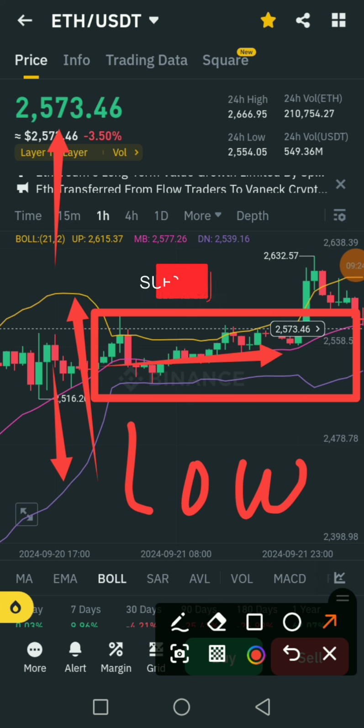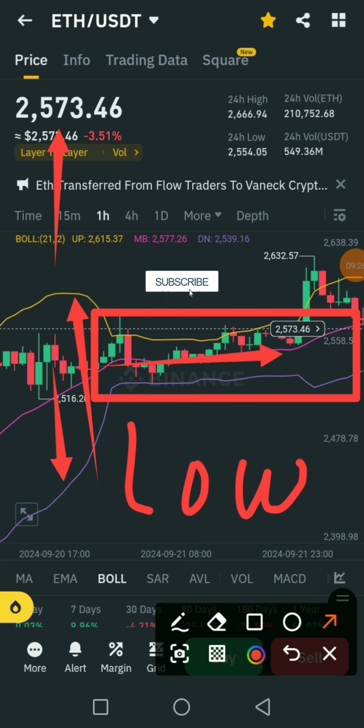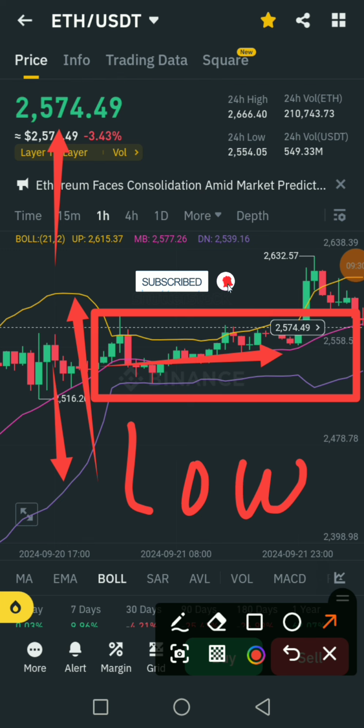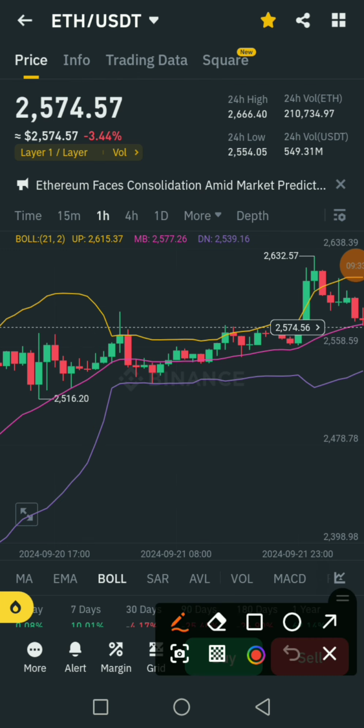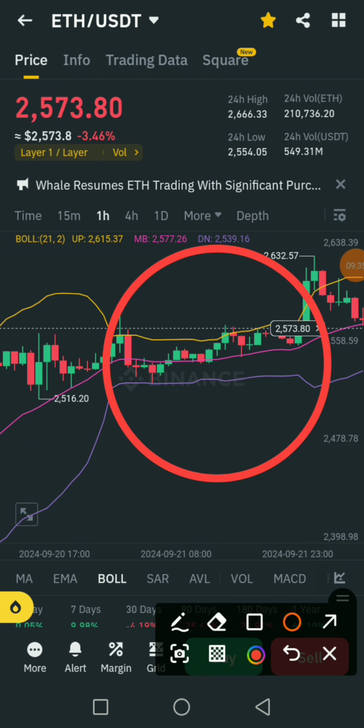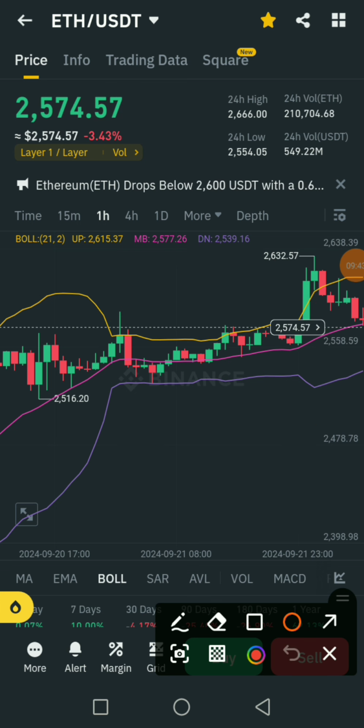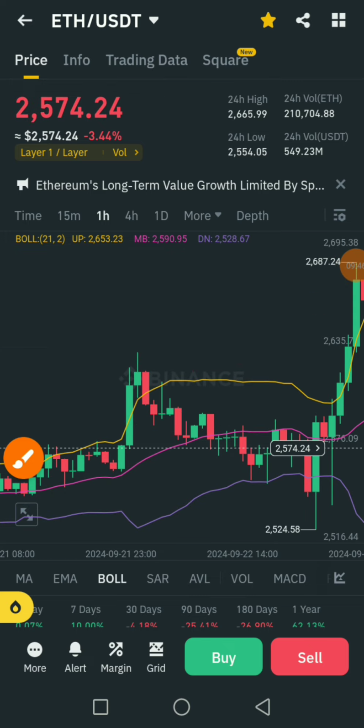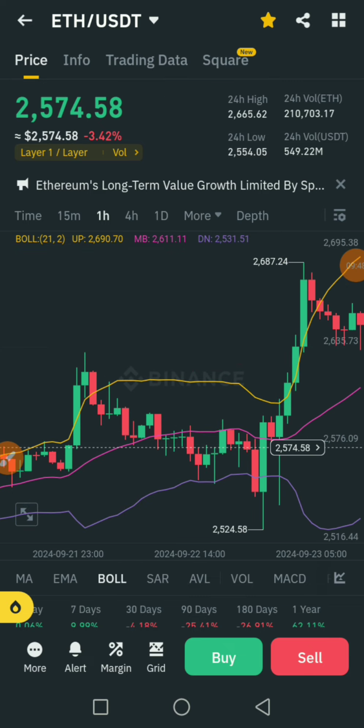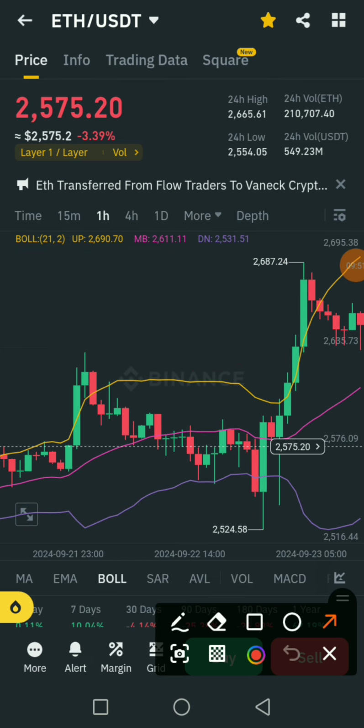That is why the Bollinger Band shrank over here. So whenever there's low volatility, what comes after that low volatility is high volatility. Over here, what comes after the low volatility is high volatility.